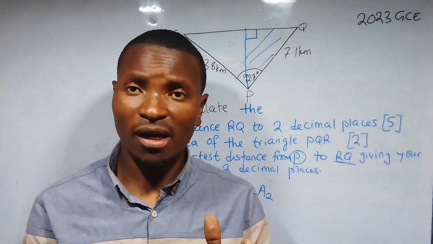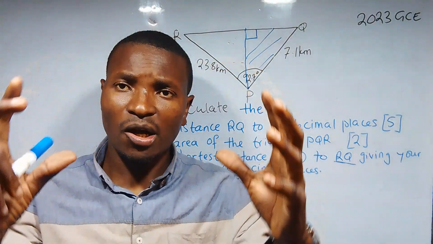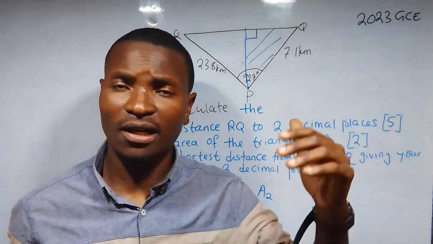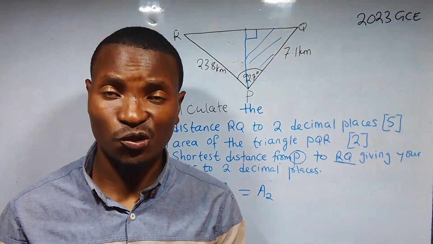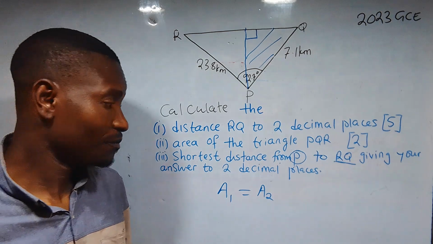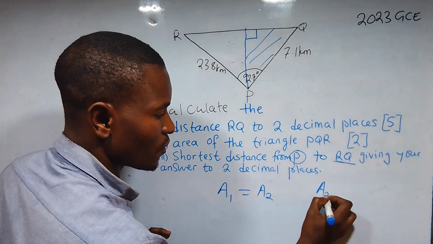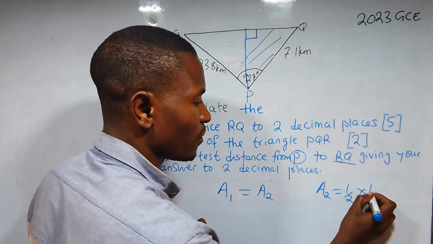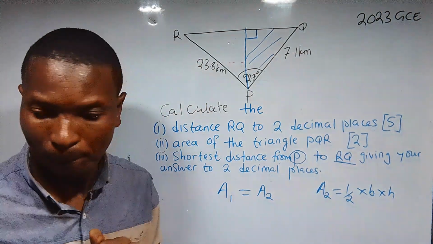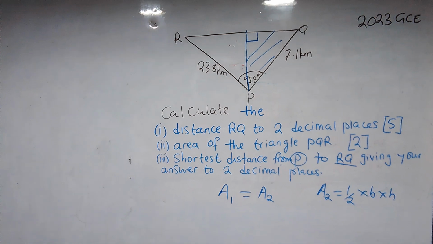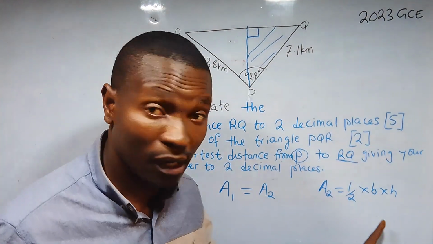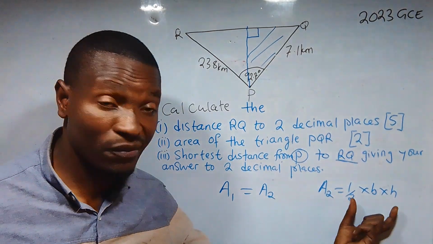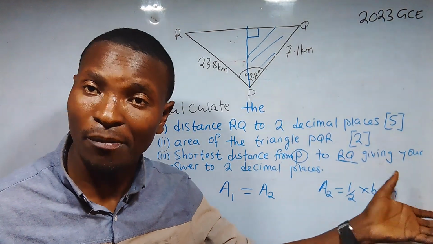Area 1 is the area of the bigger triangle, where area 2 is the area of the smaller right angle triangle. The area of a right angle triangle is half multiplied by B multiplied by H, so you replace area 2 with that.